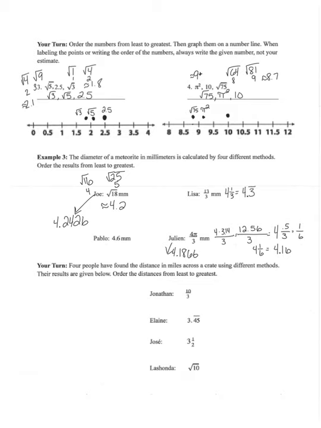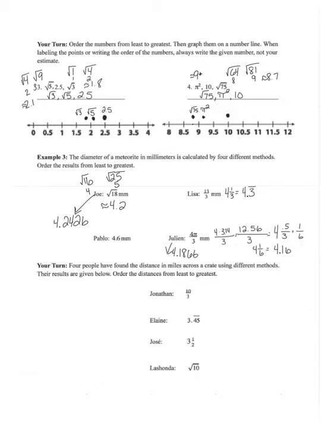So I can see here that my approximates were close, so now I could put them in order if I needed to, but for the sake of this problem, actually I lied. My last sentence actually does say to order the results from least to greatest, so we're going to go on with that.